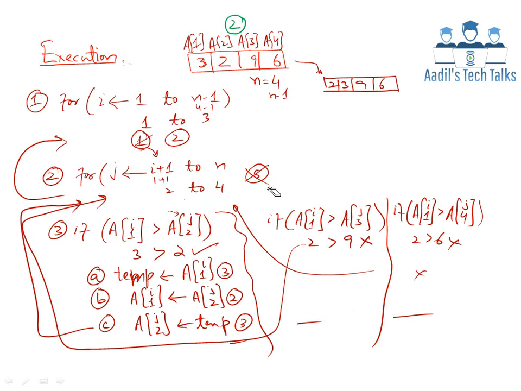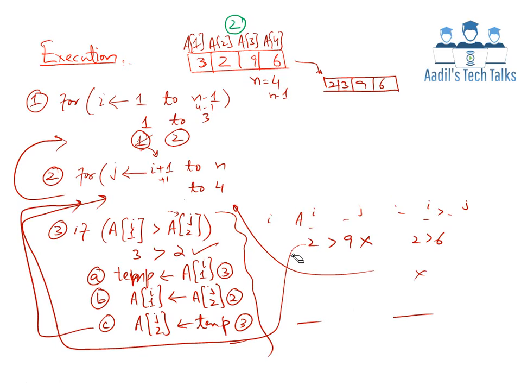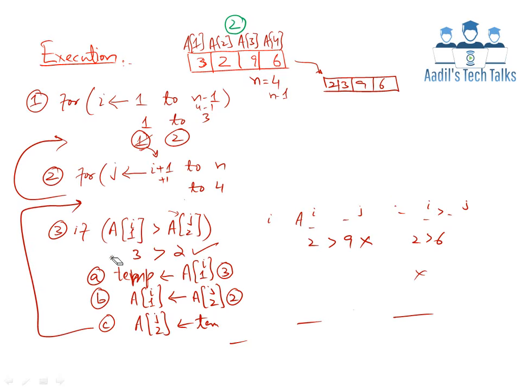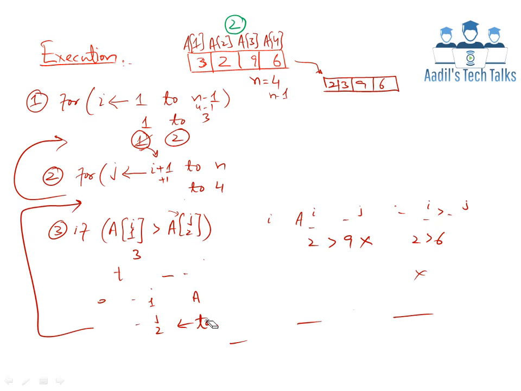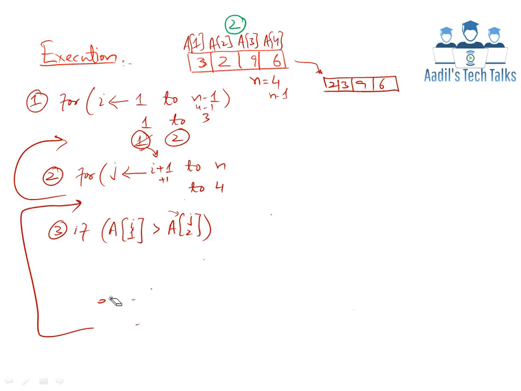Okay guys, so now the value of i is 2, and on location 1 we have the value 2.